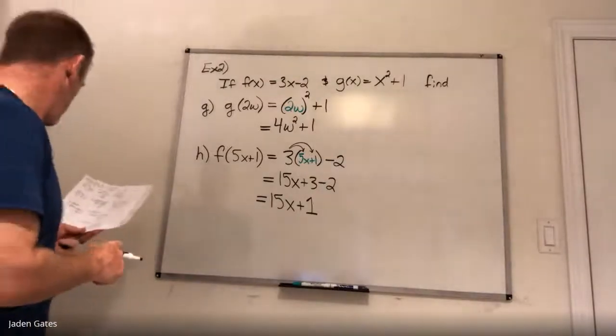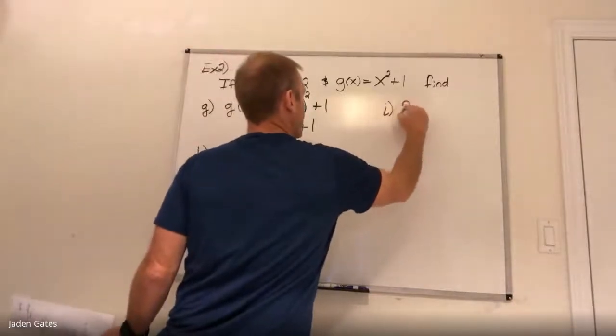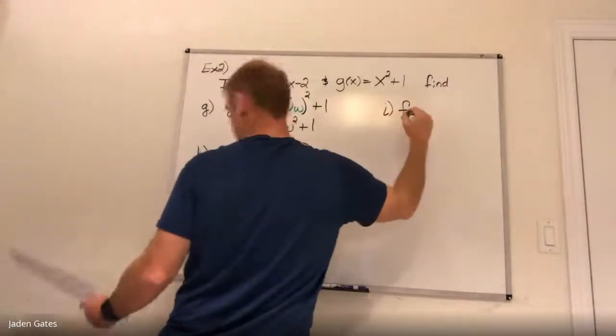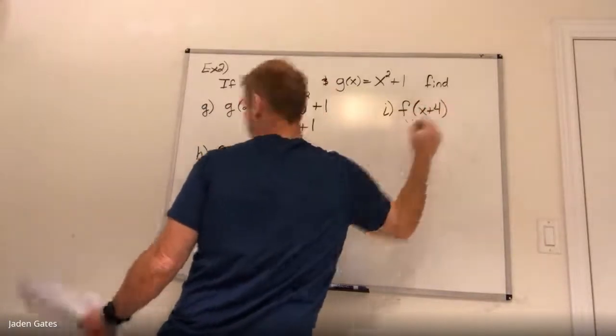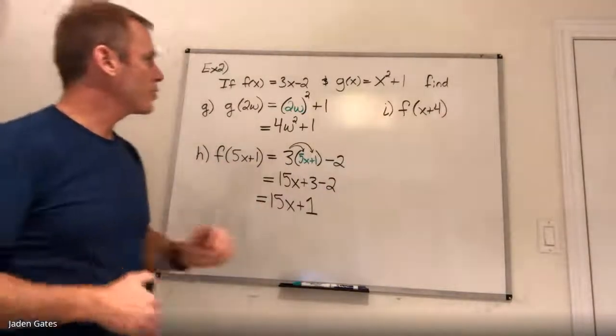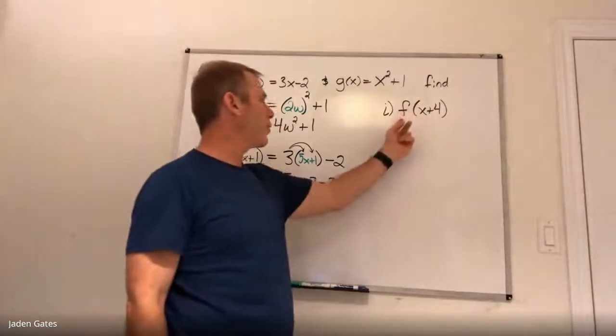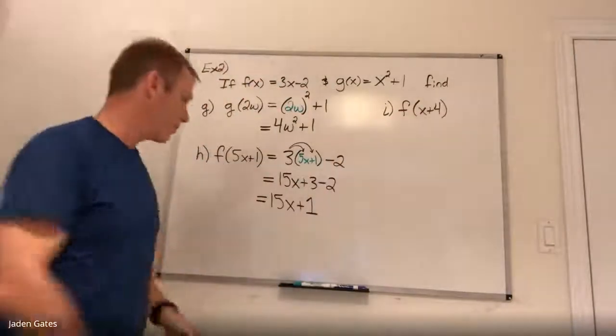All right, let's see. Last one. I call this I. We have f of x plus 4. All right, so again, I'm using my function notation. I've got to use the f equation. I'm going to substitute in an x plus 4 for x, which is kind of weird.